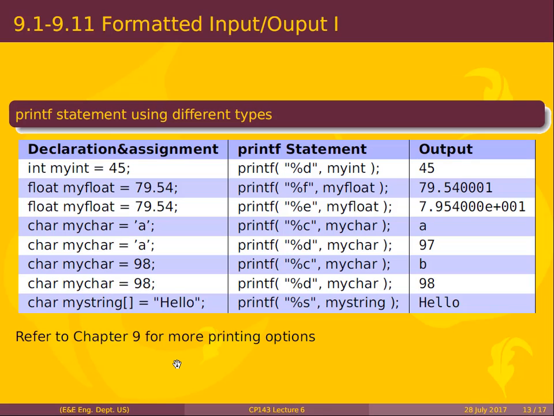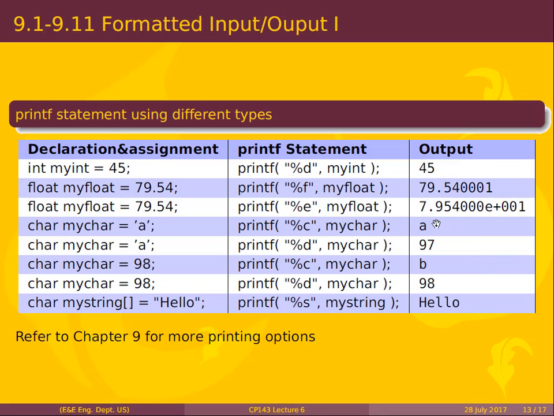Formatted input and output. Here's just an example where you can use these, depending on the type of the variable. Here's an integer, float, character, and a string, which is a character array. You can use these specifiers in the printf statements to generate various types of output.